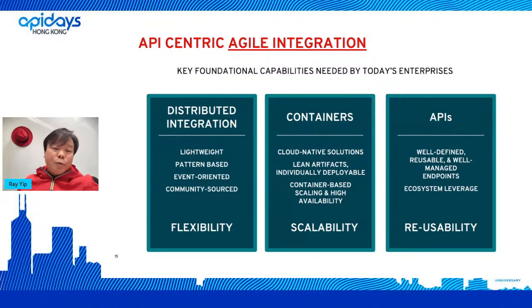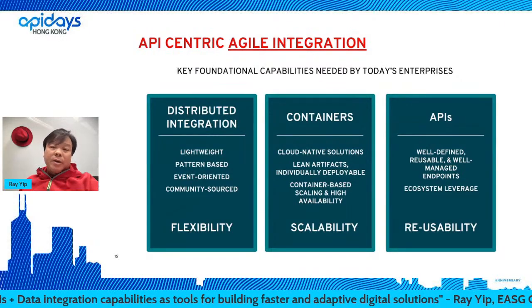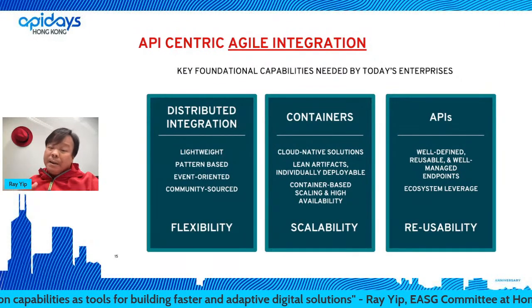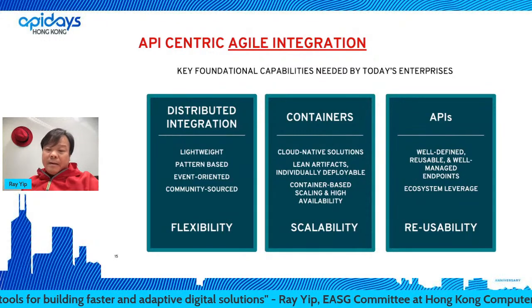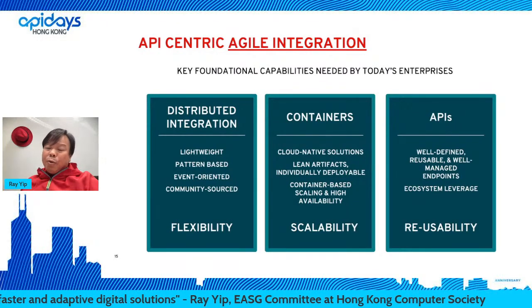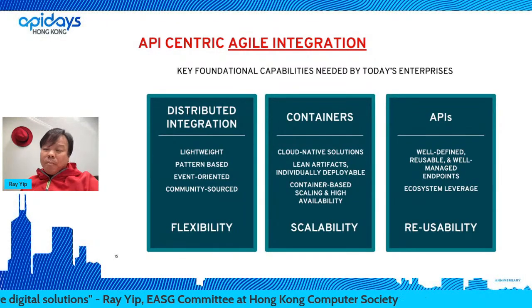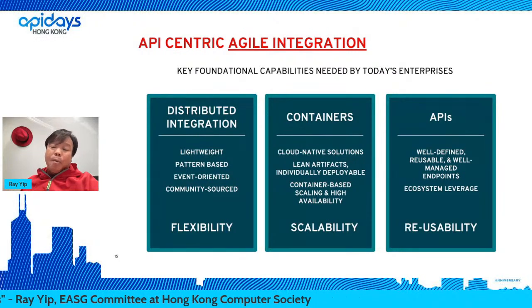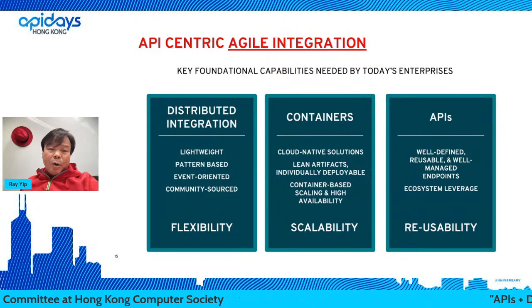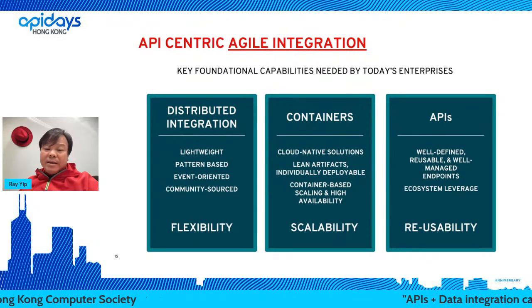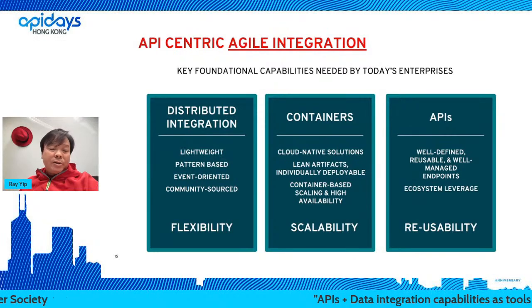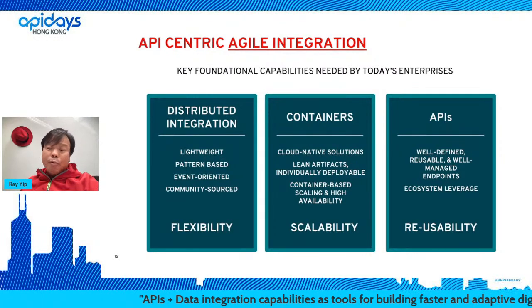So we are trying to split or organize it into three: API-centric agile integration. This is the key foundation capability led by today's approach. They will create a solid backbone for integration to meet the new challenges more efficiently and quickly. From left to right, these are distributed integration, containers, and the API first approach.